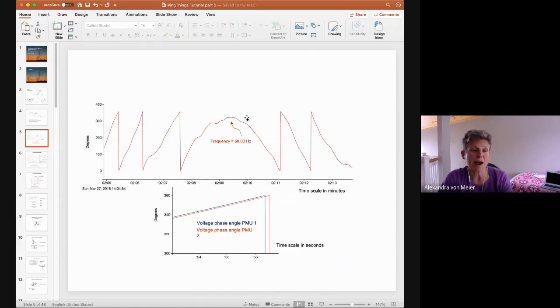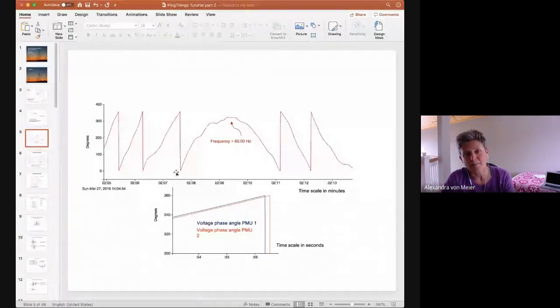So you see this wrapping around from 0 to 360 degrees, and you could actually compute the frequency visually from seeing how fast it wraps around, right? How many seconds it takes to wrap around and get a complete cycle ahead of itself.